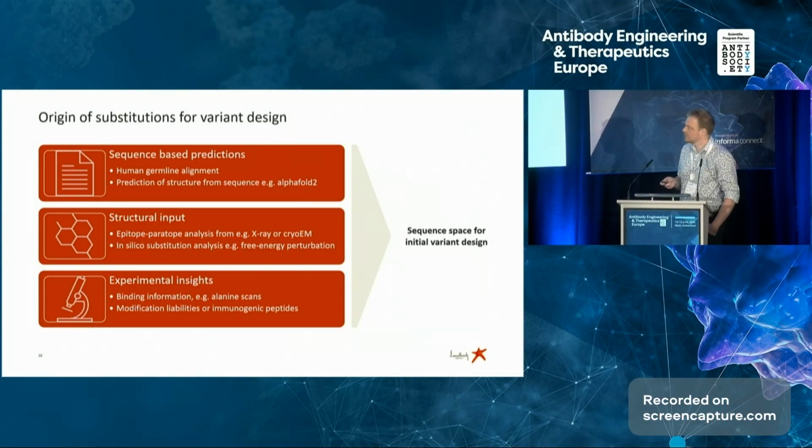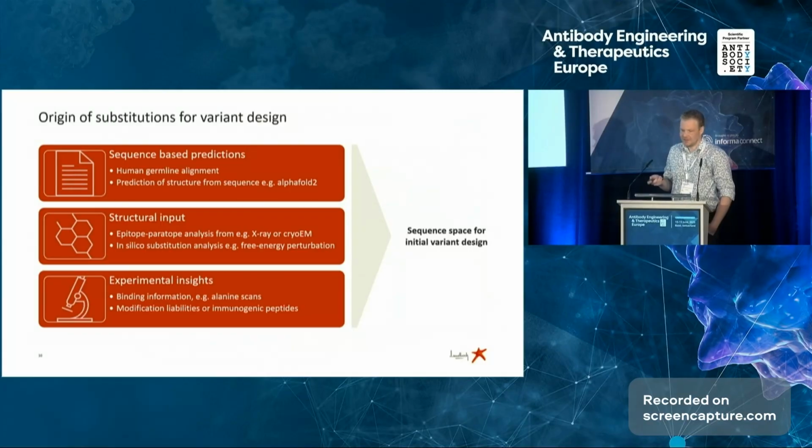We could also look into germline alignments, to make sure that we introduce things that make sense. We have structural input: if structural data is available from crystallography or cryo-EM on the complexes, we can of course use that. We can also do some in silico work on those to even further understand what the impacts are, for example free energy perturbation studies.